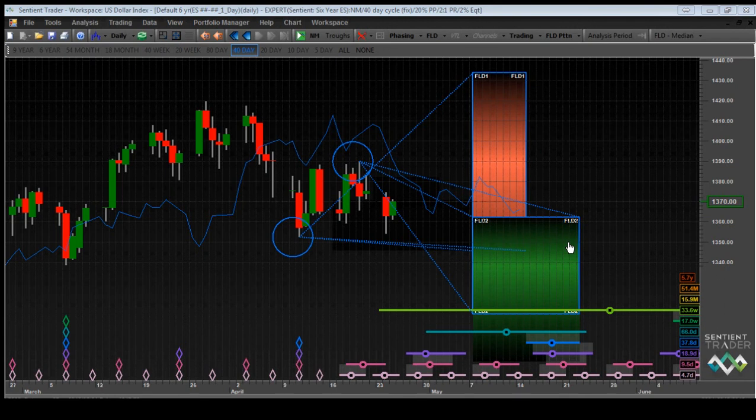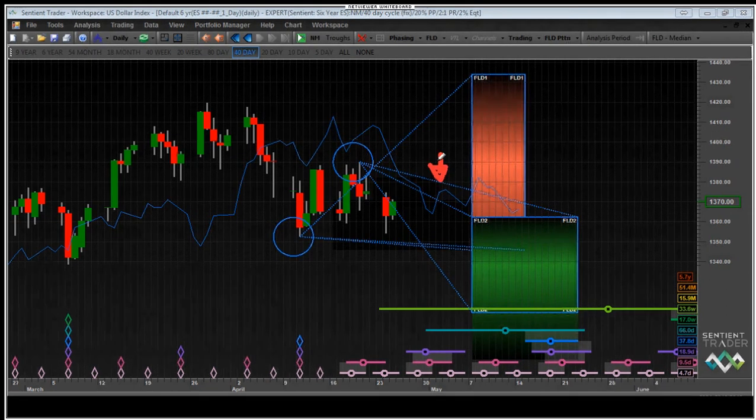But now when I move my mouse over the second projection box, FLD2, the second pattern projection box, you will notice that what we call the trigger lines or the origin lines, and let's see if I can highlight them, these lines here, this ring, this circle with these blue dotted lines here, those lines aren't extending from the middle of the projection box as they would normally.